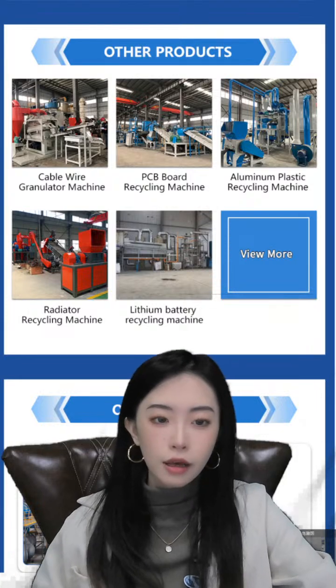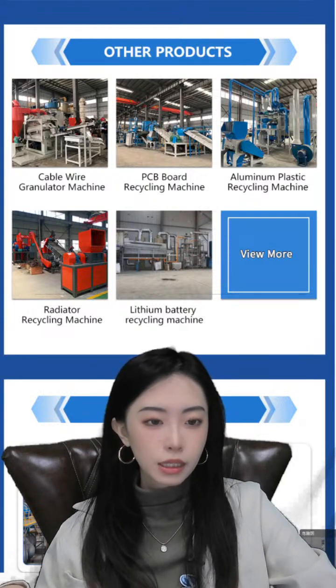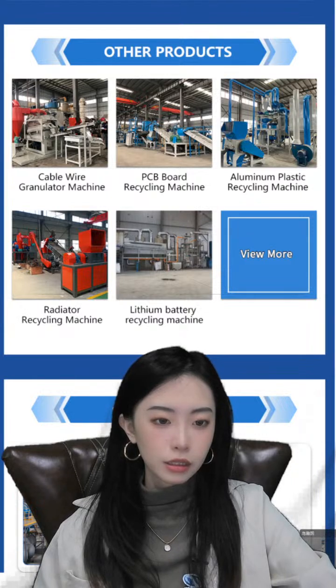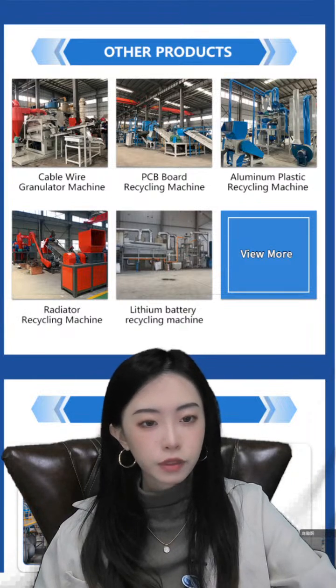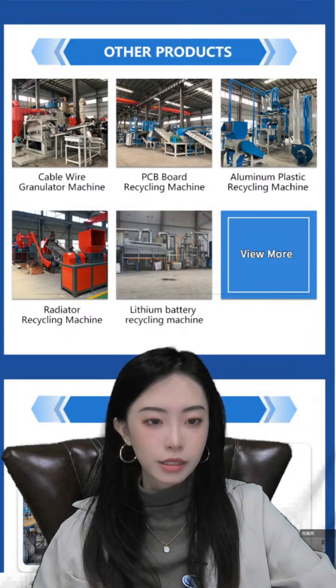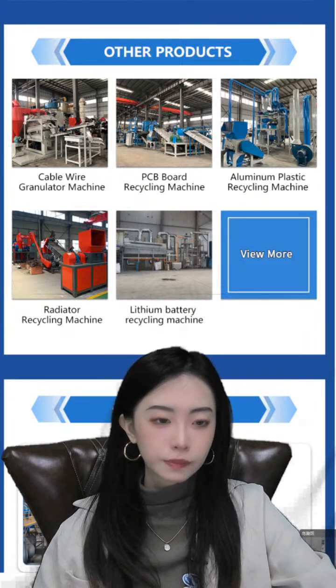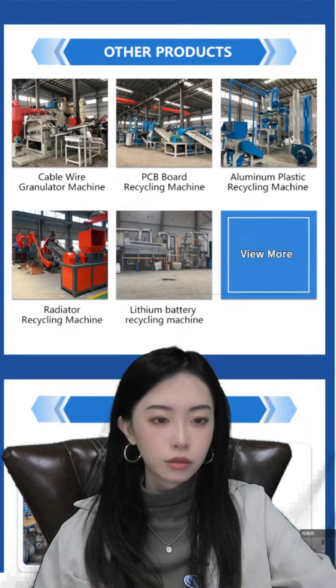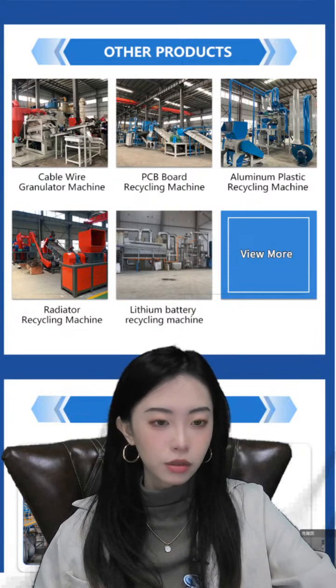We have different kinds of products in our different subsidiaries, and in this live show we have 3 kinds of products. The first one is the biomass carbonization furnace that can get charcoal, vinegar, and so on.